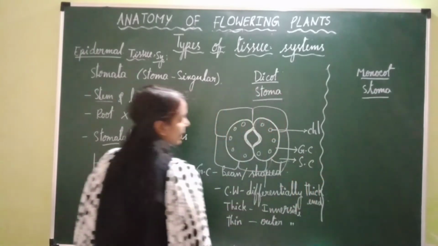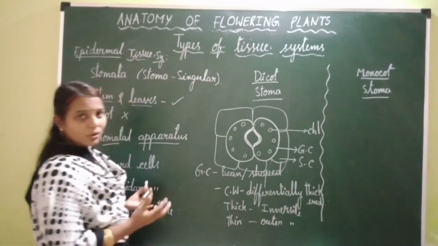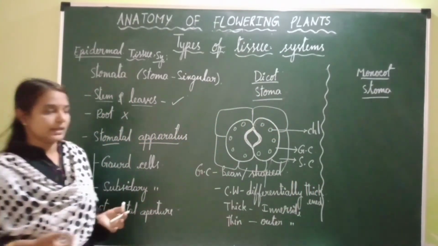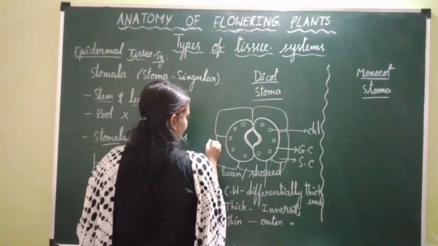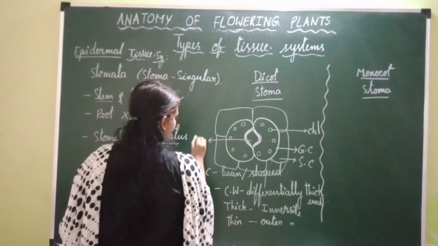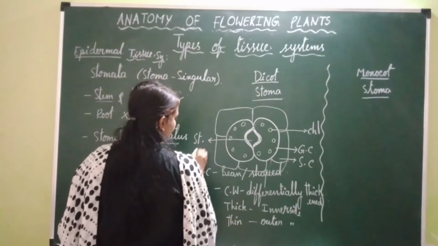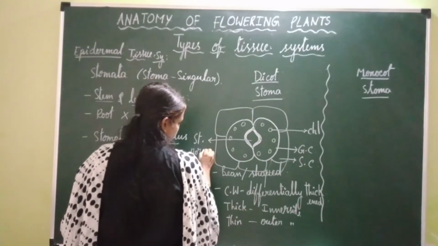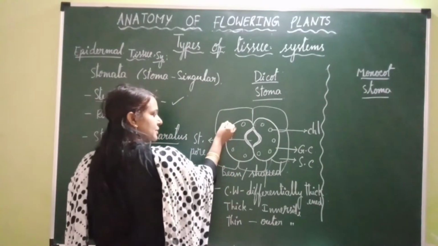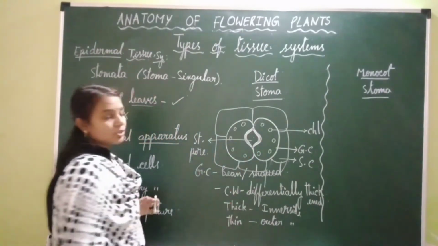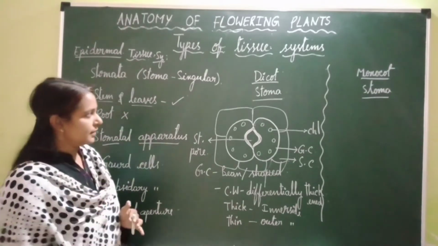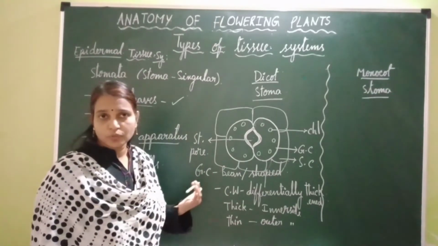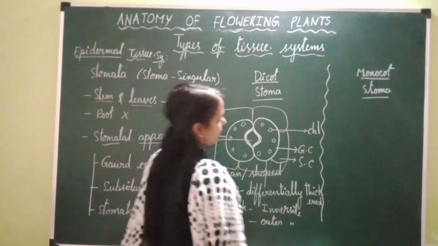These subsidiary cells are non-green in color because they lack chloroplasts. And at the center, there is the stomatal pore or stomatal aperture. So the guard cells, subsidiary cells and stomatal aperture together represent the stomatal apparatus or one stoma, right? So this is about the structure of stoma in case of dicot plants.